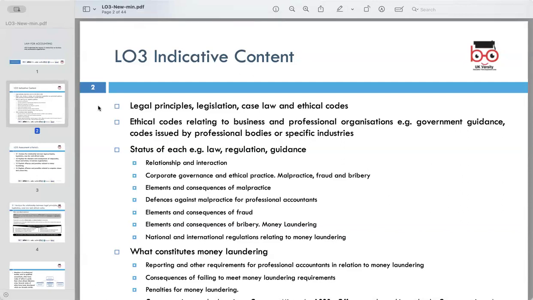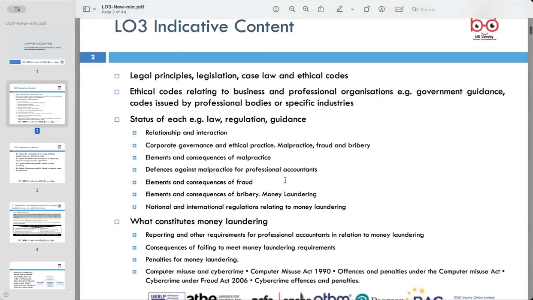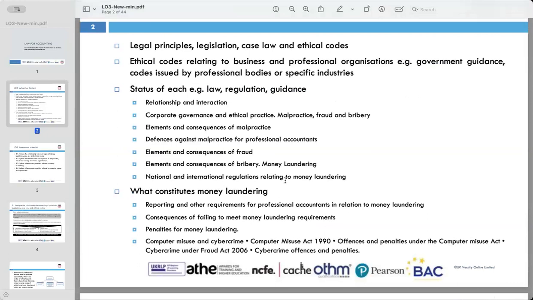Then we will talk about the status of each, for example, law, regulation, and guidelines, and we will go through these topics: relationship and interactions, corporate governance, and ethical principles and practices.